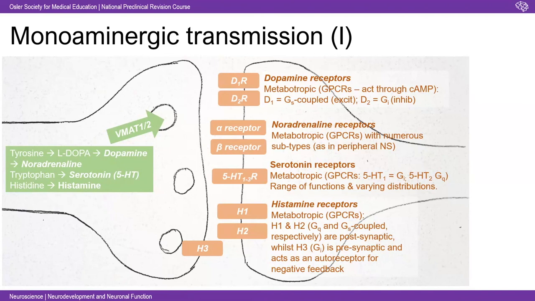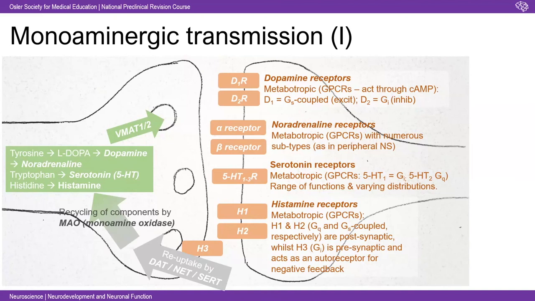Now, whilst I've explicitly pointed this out for histamine because it has this interesting quirk, you will find that negative feedback is quite a common feature for many of these neurotransmitters and is important at many different synapses. Uptake is via their respective transporters here: dopamine transporter, noradrenaline transporter, serotonin transporter.